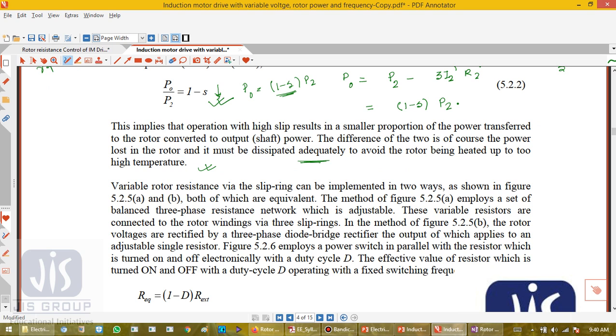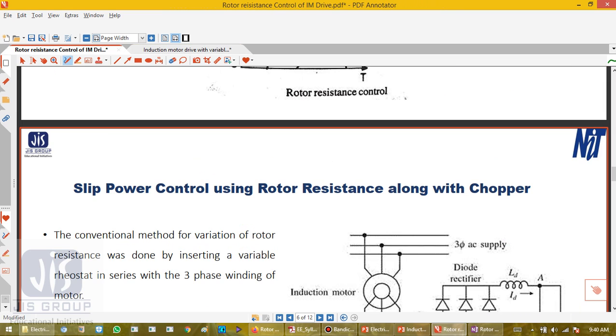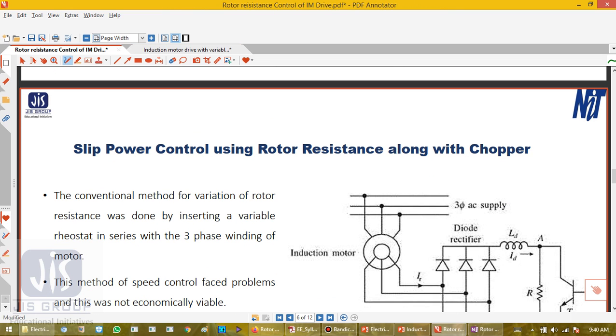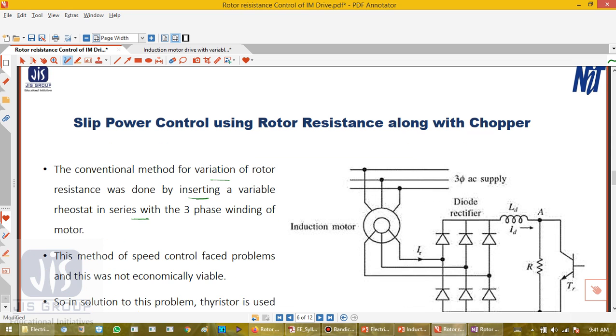Now this rotor resistance control method can be implemented in two ways. One is called the conventional method of variation of rotor resistance, which is done by inserting a variable rheostat in series with the 3-phase motor. Or in a drum controller, resistance is varied by using a rotary switch.